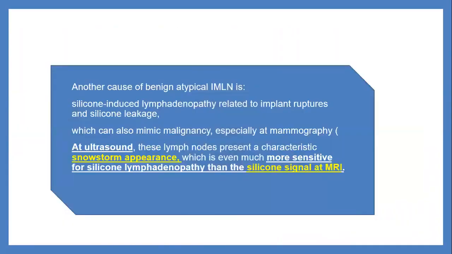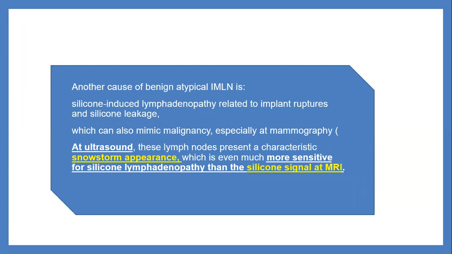Another cause of a benign atypical intramammary lymph node is silicone-induced lymphadenopathy related to implant rupture and silicone leakage, which can also mimic malignancy, especially at mammography. Without ultrasound, you have a dense lymph node and you don't know why it is dense. But ultrasound is more characteristic, giving the snowstorm appearance.